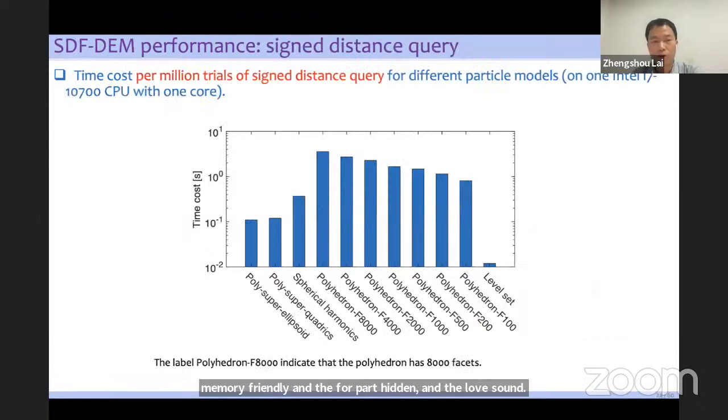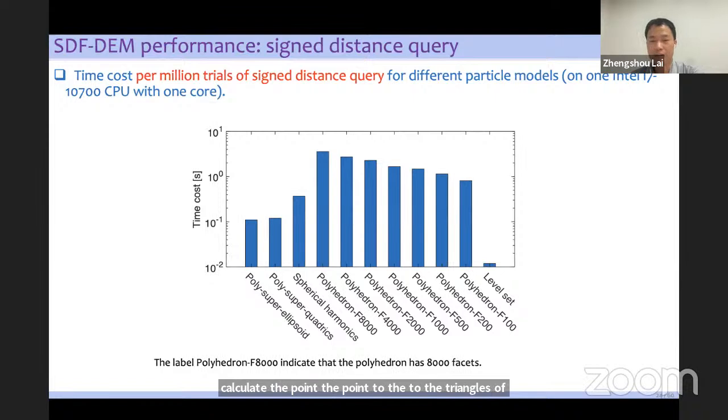And for the computational efficiency, we can see that for polyhedron, if we want to calculate the signed distance of a point to the surface of a polyhedron, it requires a lot of calculations between the point and the triangles of the polyhedron.